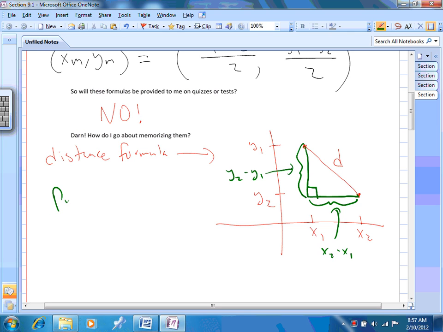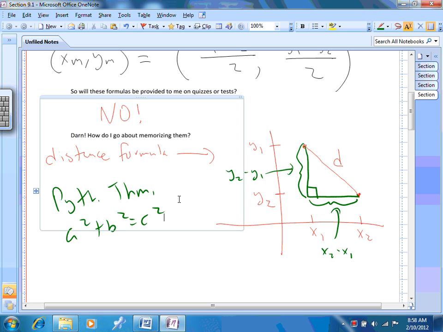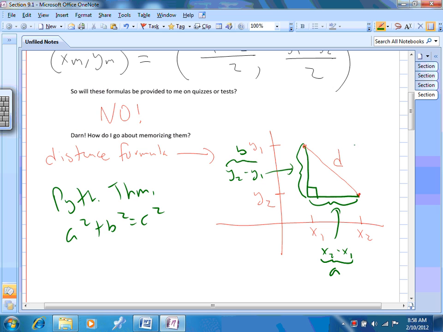So if you use Pythagorean theorem, a squared plus b squared equals c squared. If we call this a, and call that b, and of course call that c, then it's very simple. x2 minus x1 squared plus y2 minus y1 squared equals d squared.